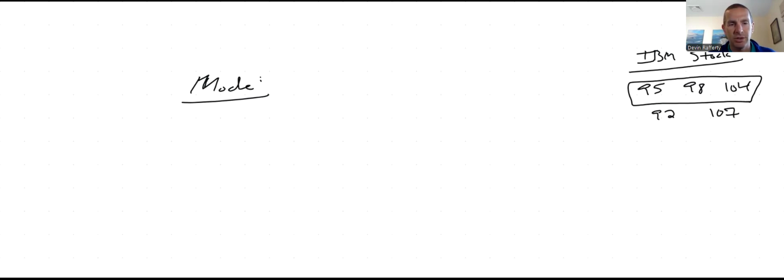Let's just put them 92, 95, 98, 104, and 107. Each value occurs only one time, so there is no mode.